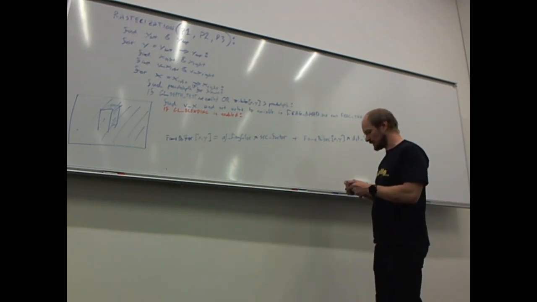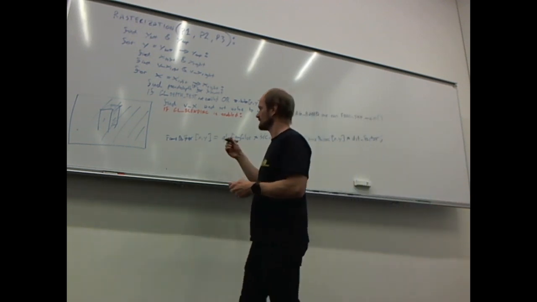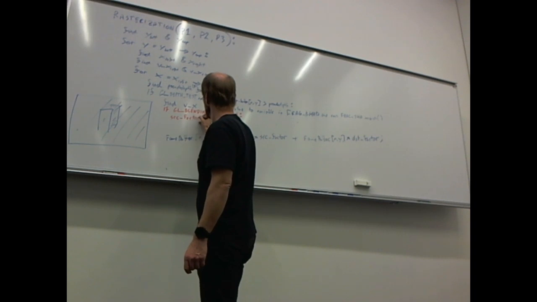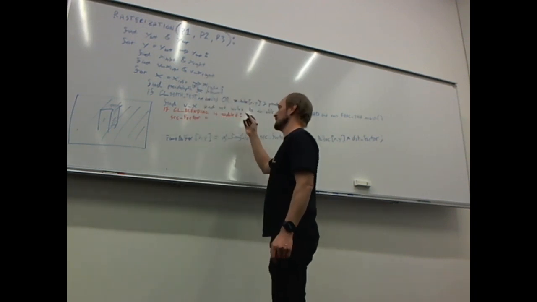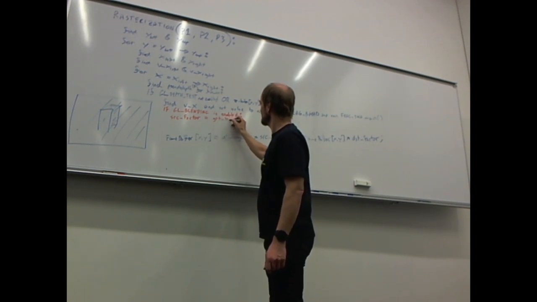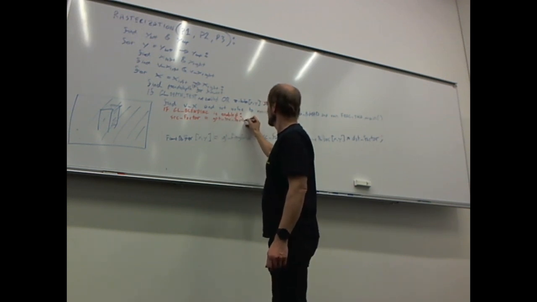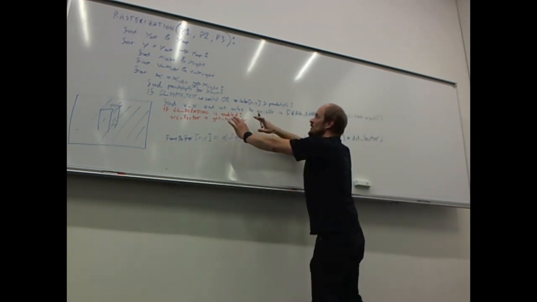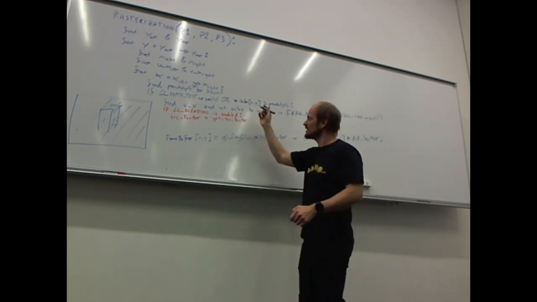Now I need values for these. So my source factor, just do something like get source factor here. This is not an actual function inside OpenGL, this is just me making a function so I can go to someplace else on the whiteboard and continue this.